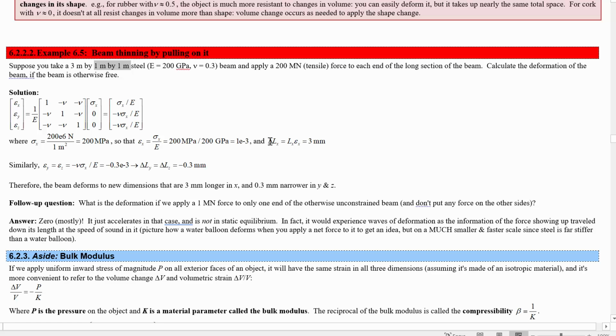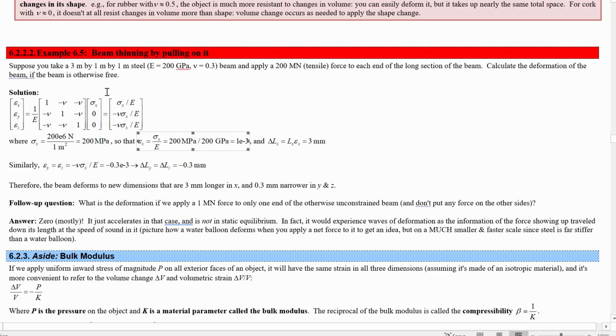Right? Remember that the strain is delta L over L, and we have uniform force all the way through because there's nothing changing things as we move along. It's just like a beam where you have a force on one side and a force on the other side. So the internal normal force will be the same all the way along the thing, and the area doesn't change. So we have the same stress everywhere inside of this, 200 megapascals.